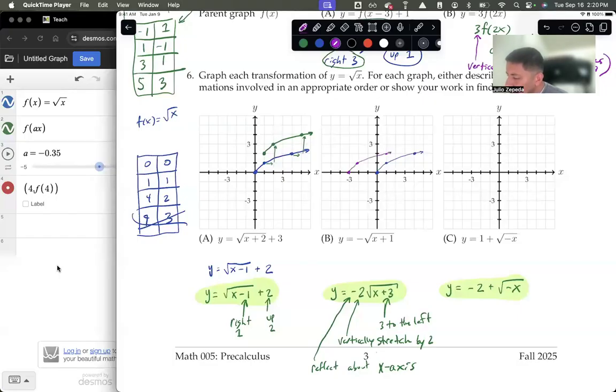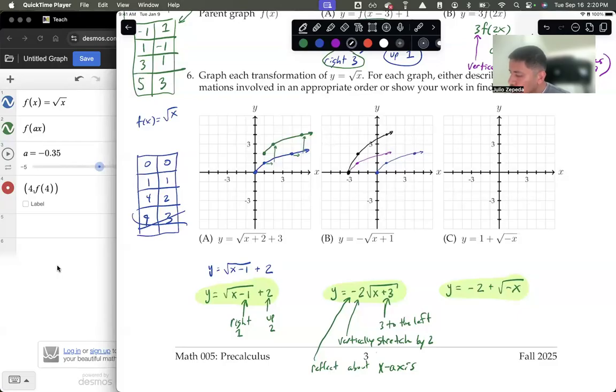I've only shifted to the left 3 so far. So let me now vertically stretch by 2. I'll switch to the color black. All of the y values are going to become twice their size. A y value of 0 stays 0. A y value of 1 becomes twice as large, 2. And a y value of 2 becomes twice as large, 4. So here is my graph.